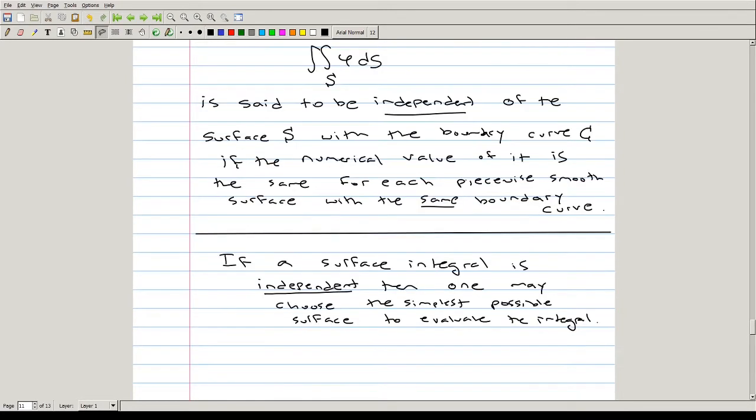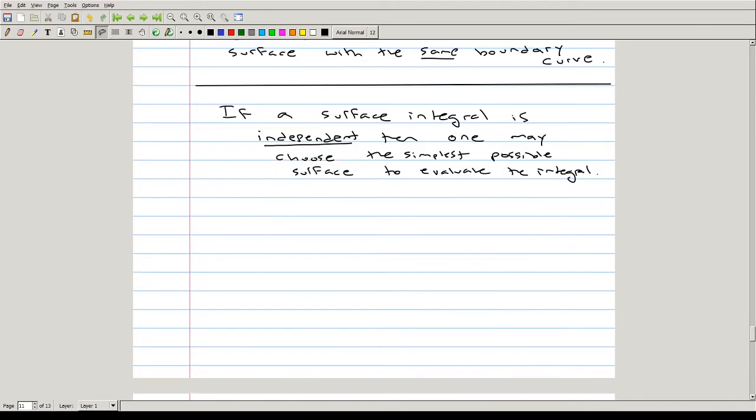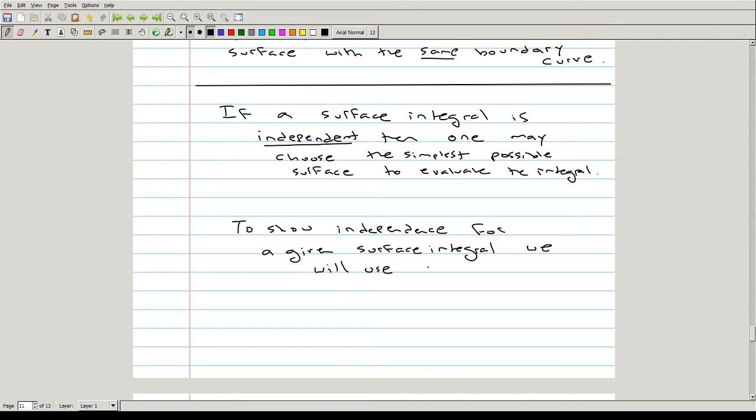So this concept of path independence, or independence of the surface integral, we'll see that it relies very heavily, and when we're trying to show things about given integrals, we're going to have to use the integral theorems. So to show independence for a given integral, we will use the integral theorems.